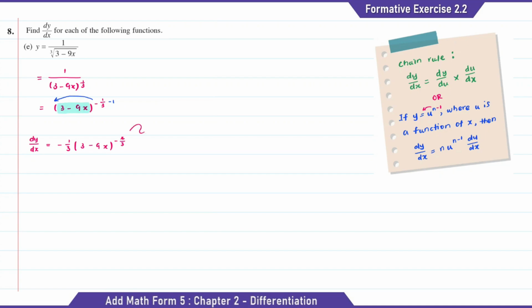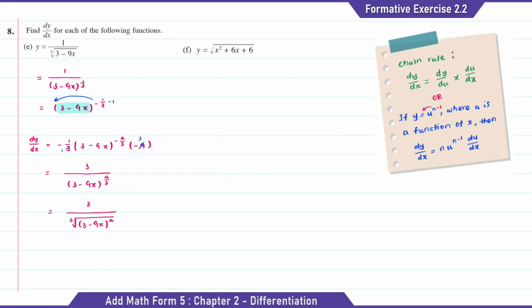Then differentiate the terms in the bracket, which is negative 9. So here simplify the 3 and the 9. Then negative 1 times negative 3, we're going to get positive 3 over 3 minus 9x to the power of 4 over 3. This is the same as 3 over the cube root of 3 minus 9x to the power of 4.